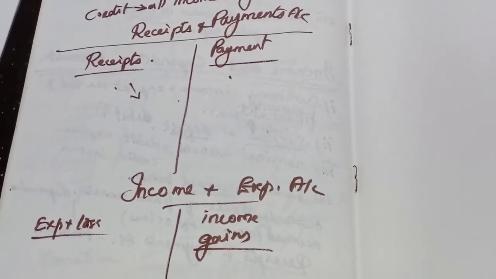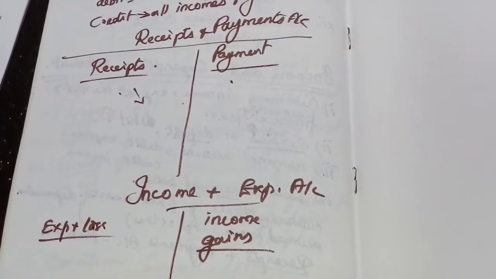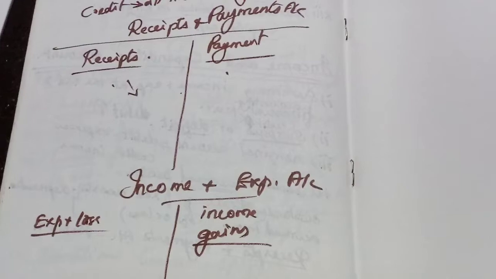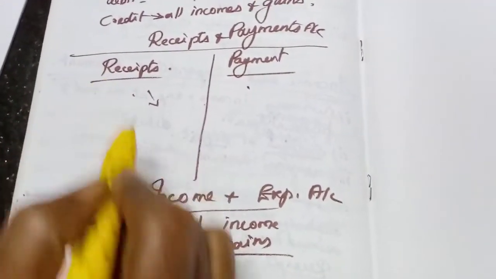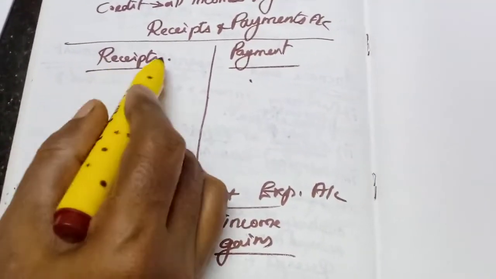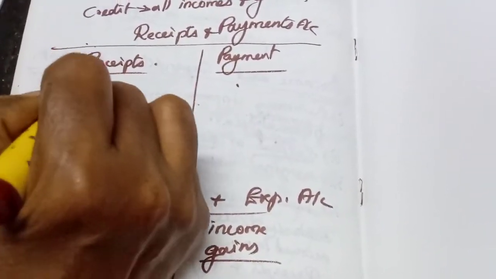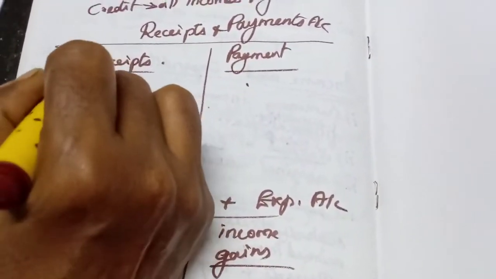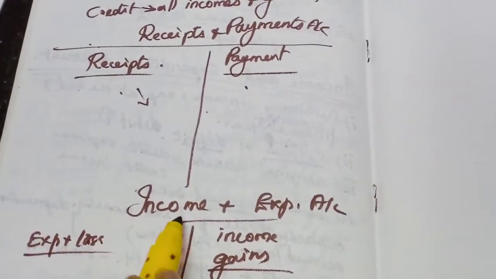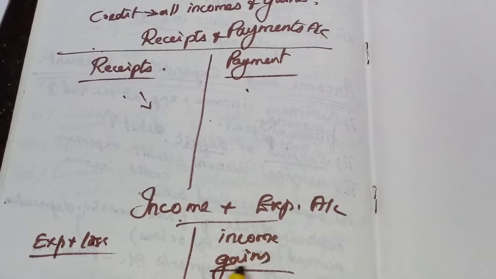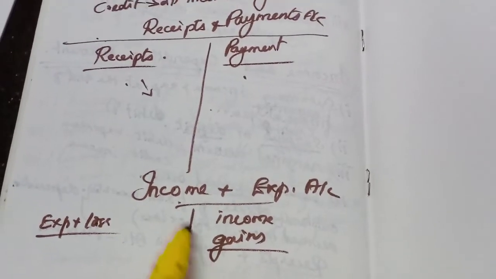So here we should first see the steps in preparation of the income and expenditure account. What is the first step? Before that, I will show what is shown in the receipts and payments account. This will be given as the problem, and you have to prepare the income and expenditure account to find the surplus or deficit.